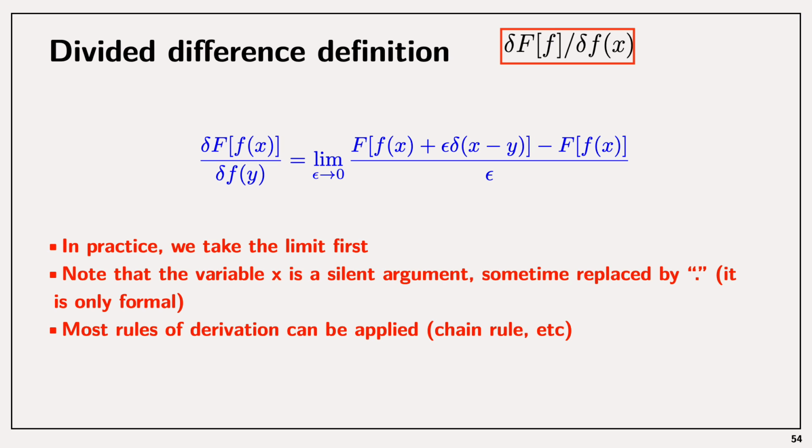Okay, so we take the limit and we calculate things here. Now the x value does not really matter here. You will see in some books that sometimes people simply put a dot because that's true everywhere, so it's only a formal thing.